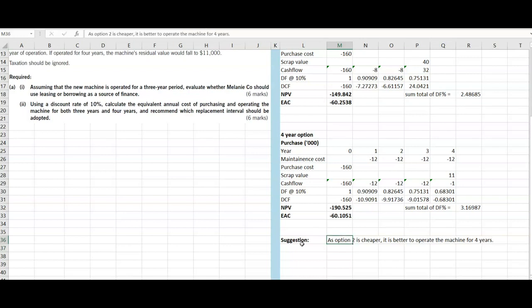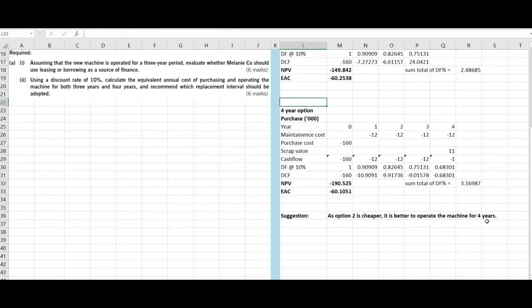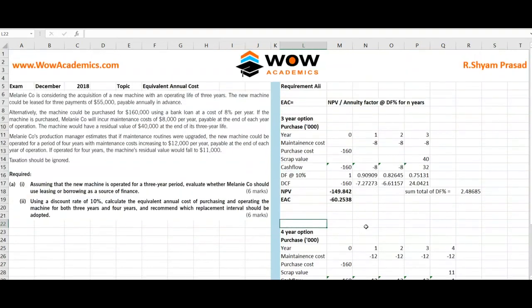So we are going to select option 2. It's better to operate the machine for 4 years. That's about this problem.